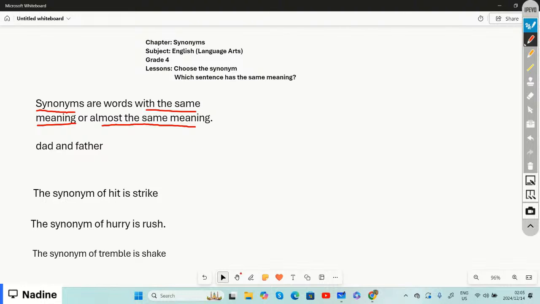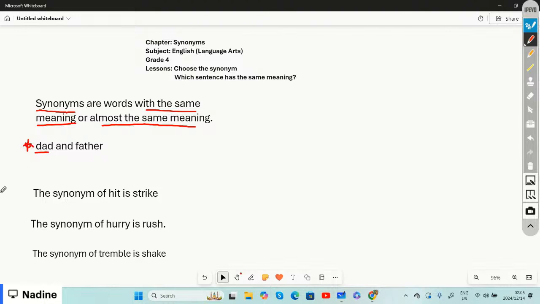Whether you use one word to describe or call a person, or another word, the spelling of the words is different, but the meaning of those words would be the same, or almost the same. For example, dad, right?